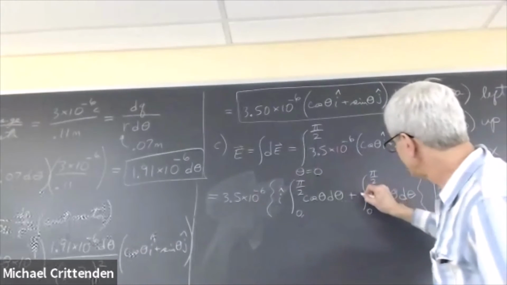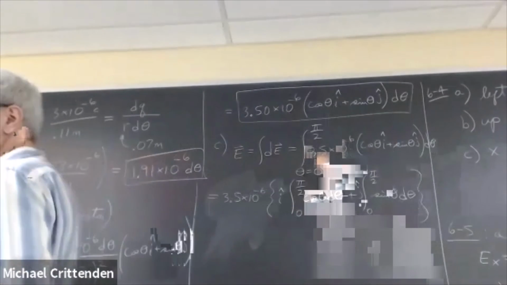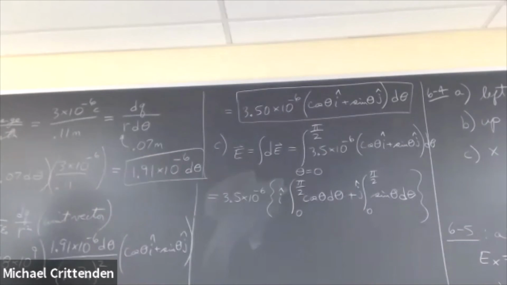Forgot my j. So you get the x component by integrating the cosine, and the y component by integrating the sine.